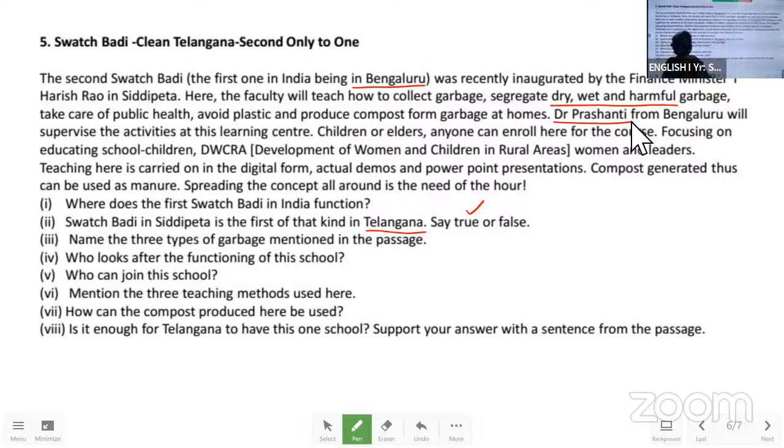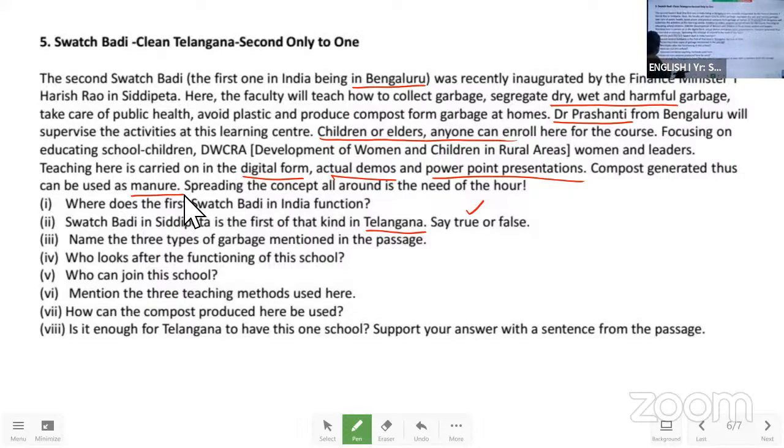It can be anyone, children or elders. Anyone can enroll themselves in the course. Mention the 3 teaching methods used here. Digital form, actual demos, and PowerPoint presentations. How can the compost produced here be used? It can be used as manure.